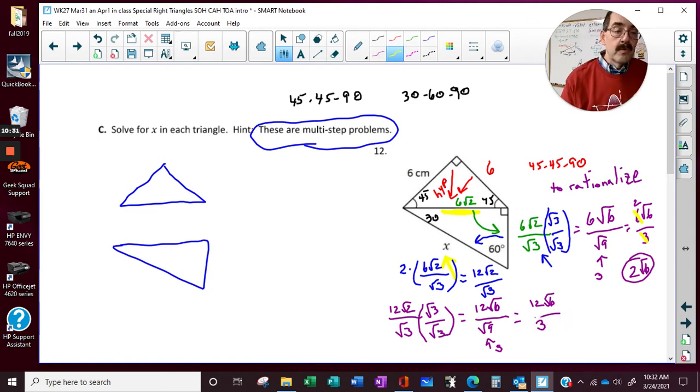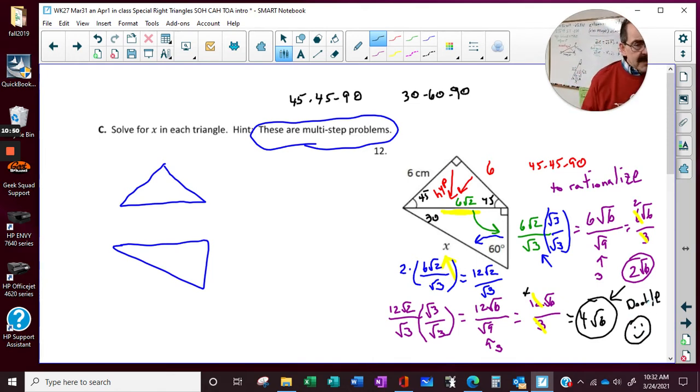And we know that 12 divided by 3 is 4, giving us 4 radical 6. Isn't that double? All right, pause the video, follow that train of thought. We don't have any long problems like this, but it's fun to push ourselves mathematically, all right?